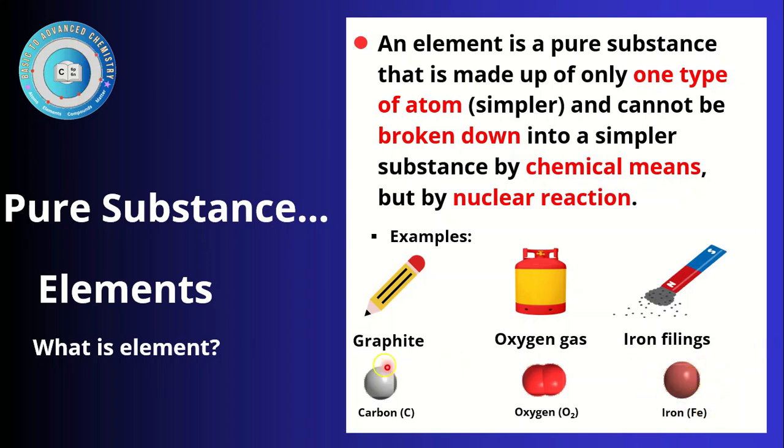Therefore, carbon atoms which form carbon element cannot be broken down to another simpler matter by chemical means. Again, oxygen atoms also cannot be broken down by chemical means to another simpler matter because they are already the simplest form of matter. We cannot get another simpler matter by breaking down these atoms by chemical means.